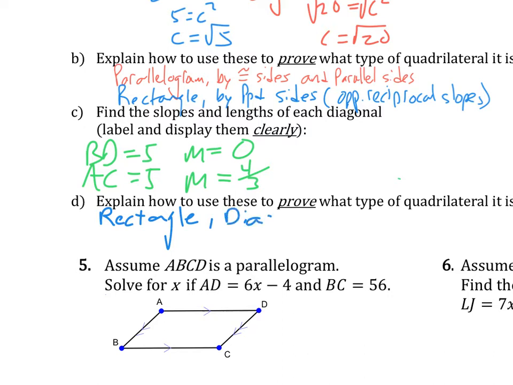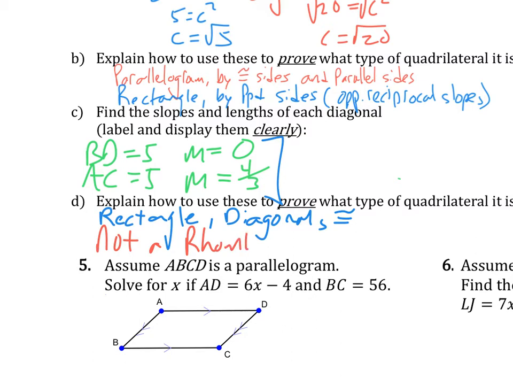You're going to need to do one of these on the test, okay? We also found out that it's not a square. No, wait. Yeah, it's not a rhombus because the diagonals are not perpendicular, okay? So it's not a rhombus, because the diagonals are not perpendicular.